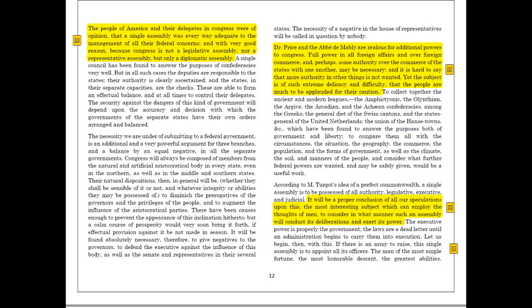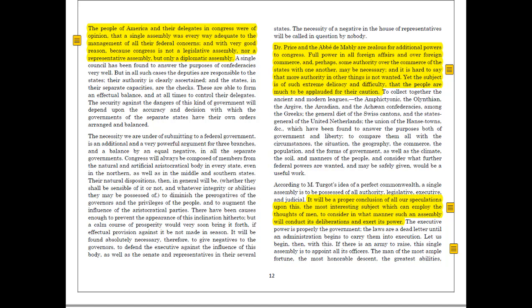Yet the subject is of such extreme delicacy and difficulty. It is not easy, and if we were to invest more authority in the central government, then 100% a unicameral model would lead to its own demise. And that premise then allows him to repeat his model.